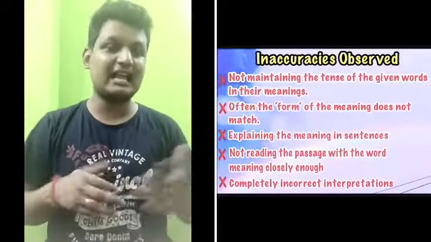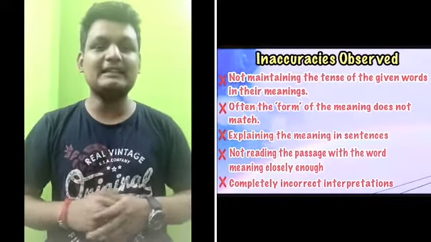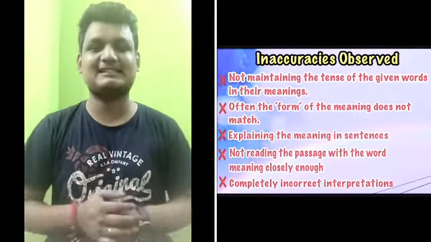Got it? Now students, let's take a look at our third inaccuracy. Our third inaccuracy says explaining the meaning in sentences. Yes, 20 to 25% of students who cannot draw a conclusion or find out the meaning after reading the passage twice or thrice try to experiment by writing long sentences as their meanings.